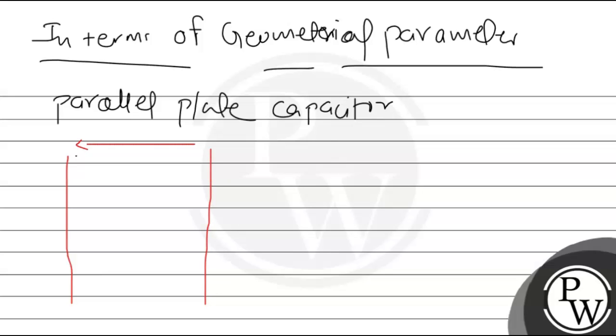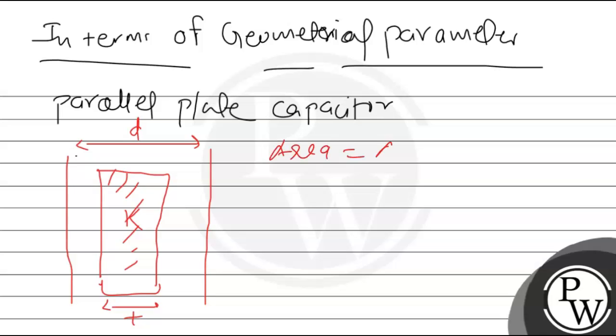The distance between these two plates is D, and a dielectric material of dielectric constant K is kept between these two plates whose thickness is T, and the area of the plate is A. A charge Q is given to this capacitor, so plus Q charge will appear on one plate and minus Q charge will appear on the other plate.